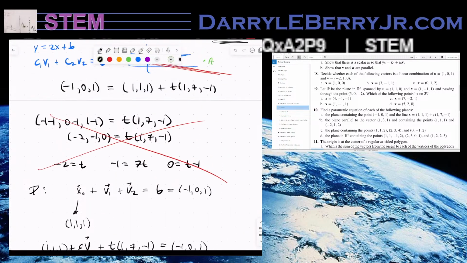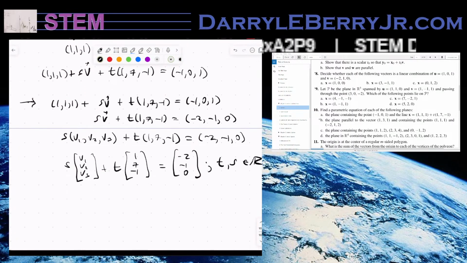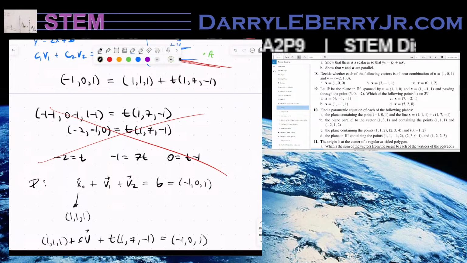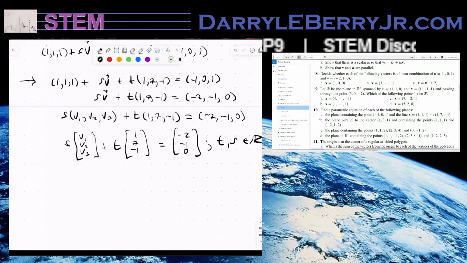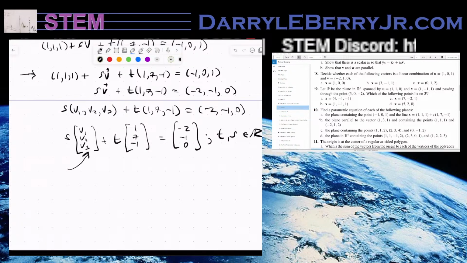If we have just T equals to that vector, it doesn't work. So I would have to have a vector here to make it equal that. But that could be the equation right there. I'll stop there on that one.